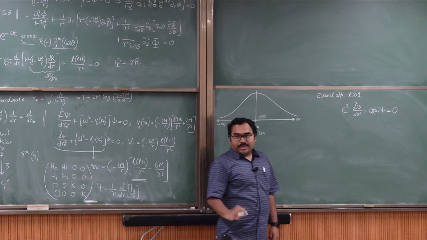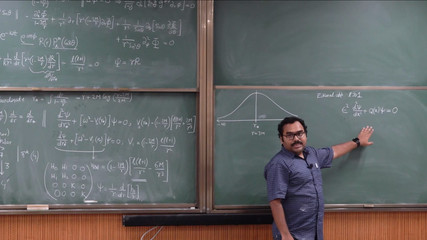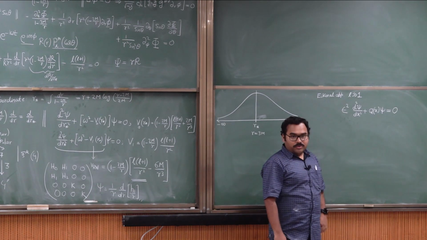So think of Schrödinger's equation, h bar square over 2m d2 psi dx square plus E minus V, which I am collectively calling as Q times psi equal to 0.